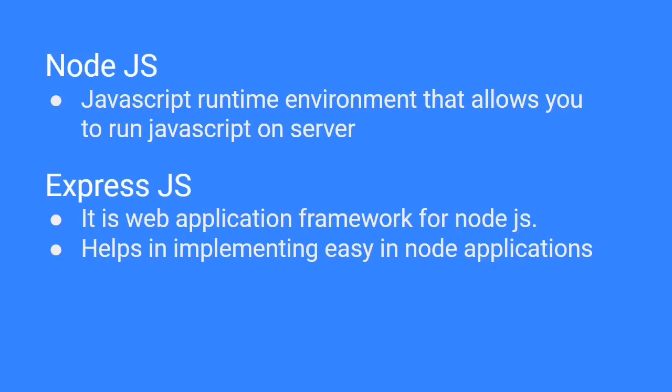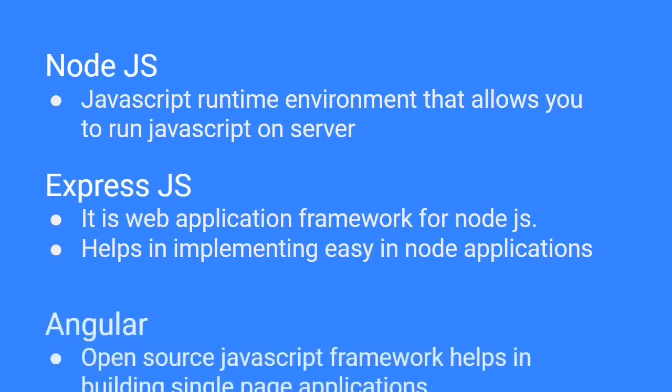Now comes the front end, which is nothing but Angular. Right? You might be already aware of Angular. Angular is an open source JavaScript framework which helps in building single page applications. Apart from Angular, there are React, Vue, and other JavaScript frameworks which help in creating UI related stuff, the front end applications, as we call them.